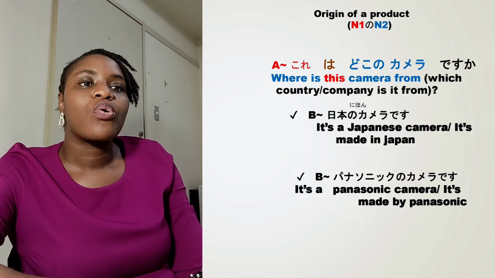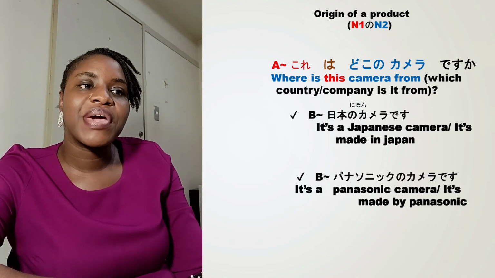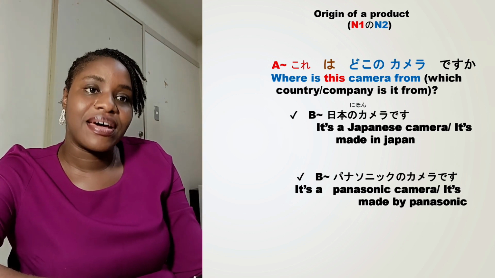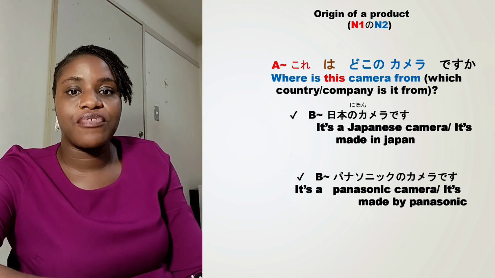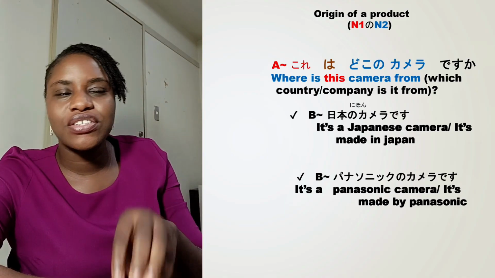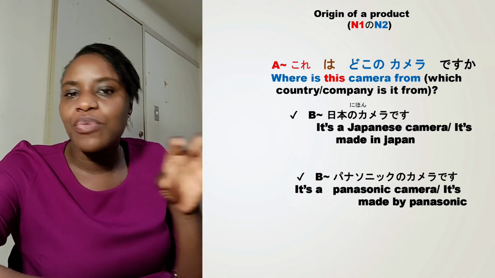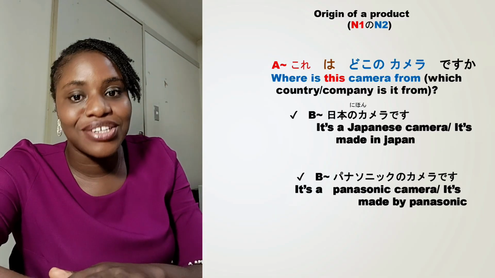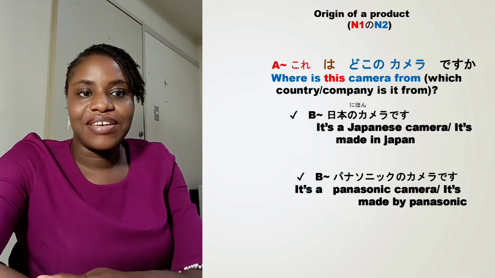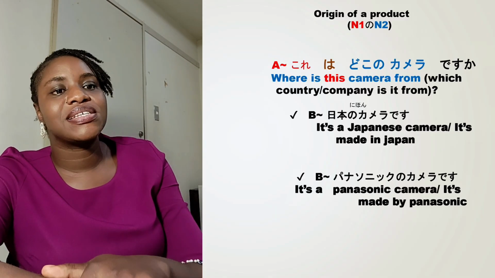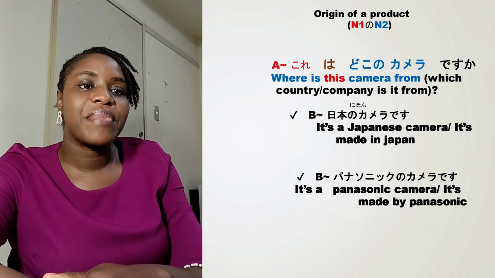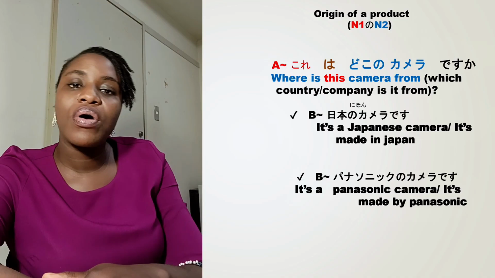For example, "kore wa doko no kamera desu ka?" Where is this camera from? That's the question. But the nuance is actually which country or which company is it from? Depending on the context, you will know which answer to give. One answer can be "Nihon no kamera desu", it's a Japanese camera, or a camera made in Japan.